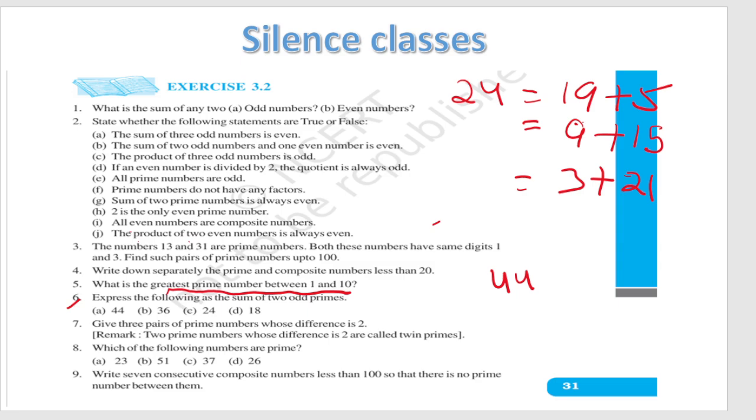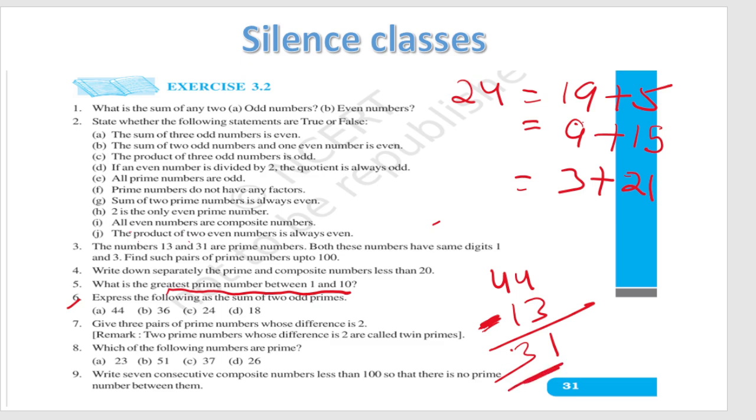Let's say I have taken 7, or 9, or 11, or 13. Whatever odd number I have, if I subtract it from here, I will get an odd number. Look at it.